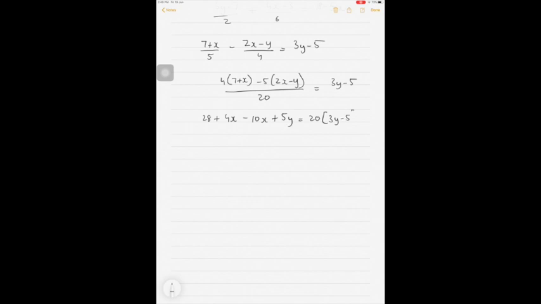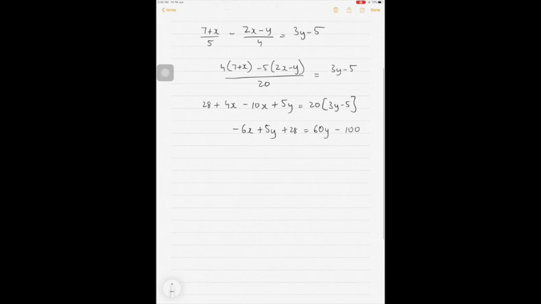Okay, 20 I'll take to the other side, so 20 into (3y minus 5). I'll open that bracket also. So 28 plus 4x minus 10x plus 5y is equal to 60y minus 100.